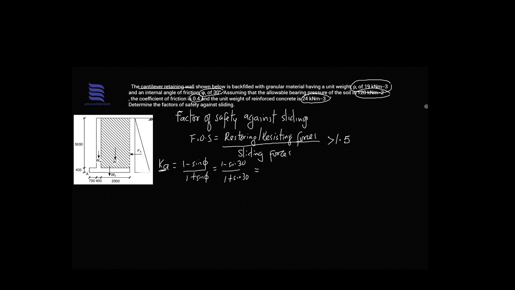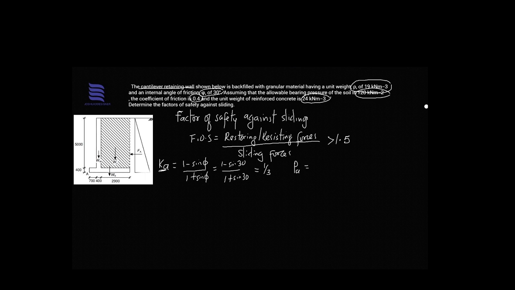So this would give us 1 over 3. Simple. Right, so going forward now, we have to find our active pressure. This is the coefficient for lateral earth pressure. I told you K is the lateral earth pressure coefficient. Then next is to find our active pressure. What's going to be the value for our active pressure? Pa.